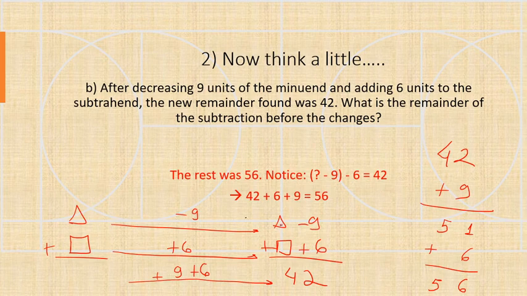This means that I had added 9 in my last rest, so it was 51. But after, what happens? I added 6 to my subtrahend, so this means that I subtracted, and then if I want to come back, I have to add 6, right? So 51 plus 6, 58. So my first result was 58.